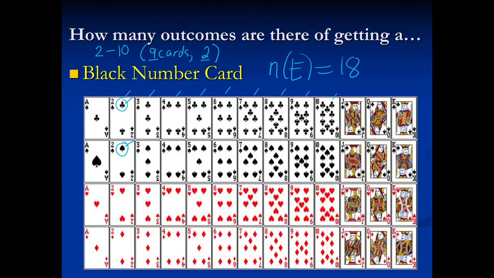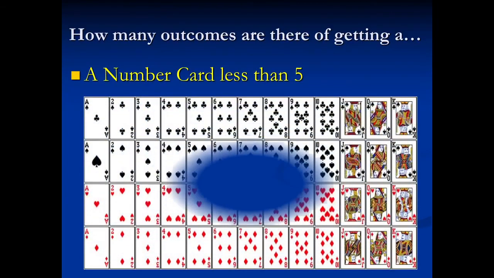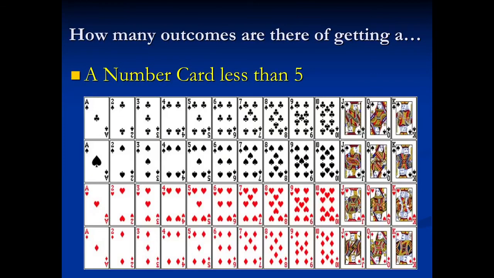Okay? Let's continue. What about a number card less than 5? A number card less than 5. What are the number cards less than 5? 2, 3, 4. How many are there? Why 12?